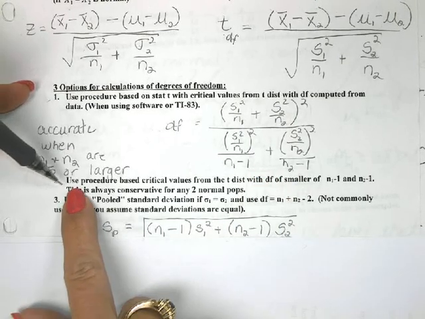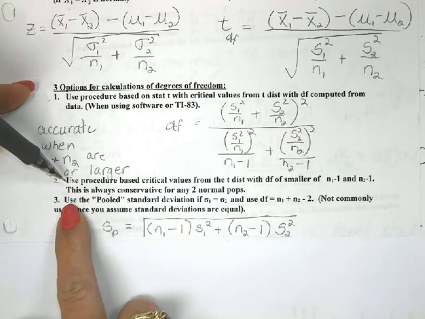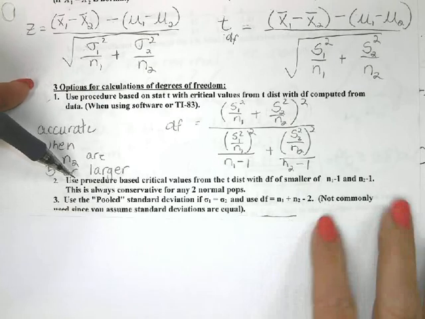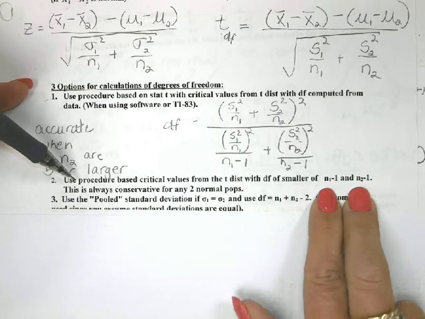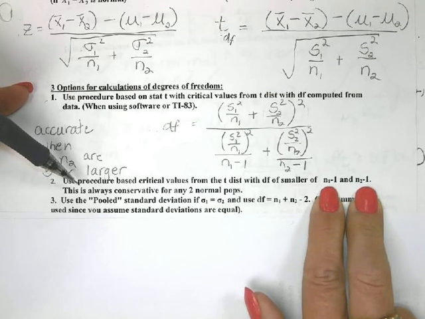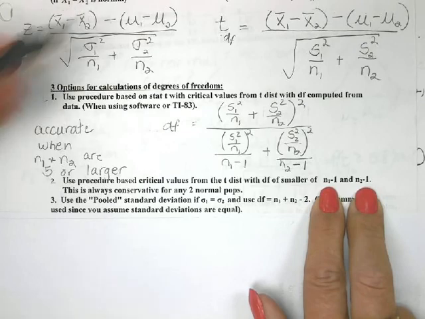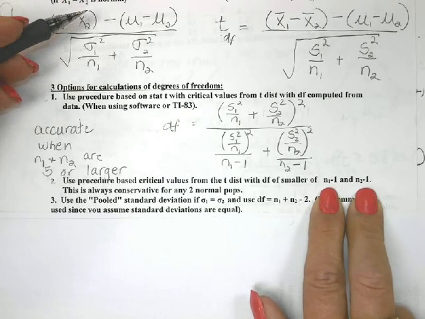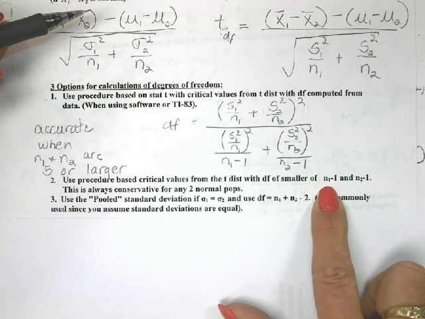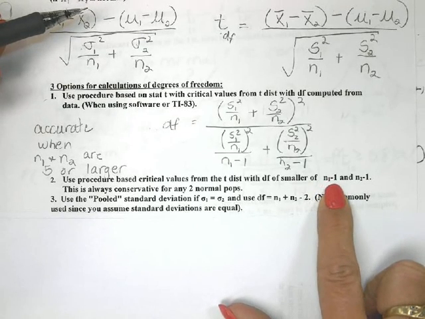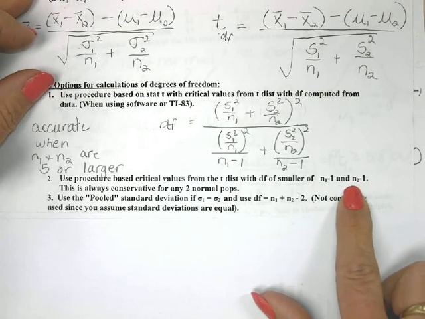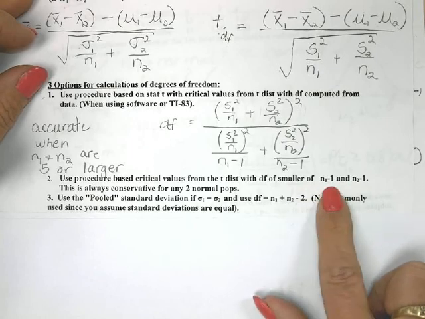We are also permitted to use an approximate value, and that is if we take the two sample sizes we had, one was 13, one was 14, subtract 1 away from the sample size like we do on a one sample type test, and you take the lesser of the two. So one of our sample sizes was 13, so it would have 12 degrees of freedom. One of our sample sizes was 14, and that would have 13 degrees of freedom. We would take the lesser of the two and take the 12.